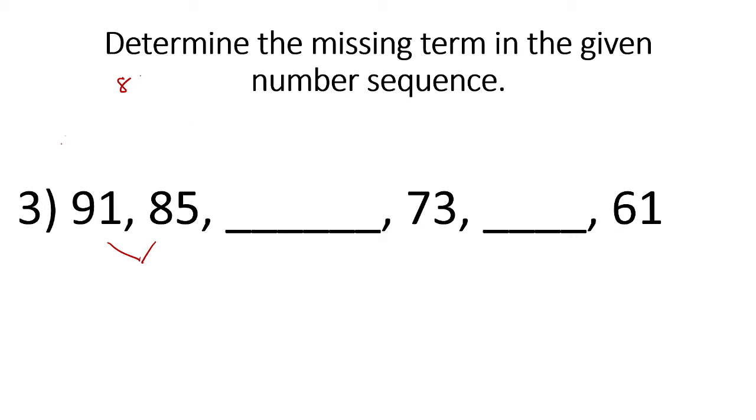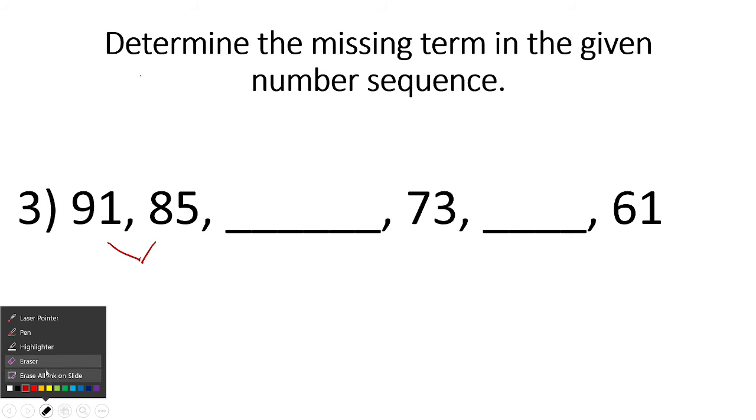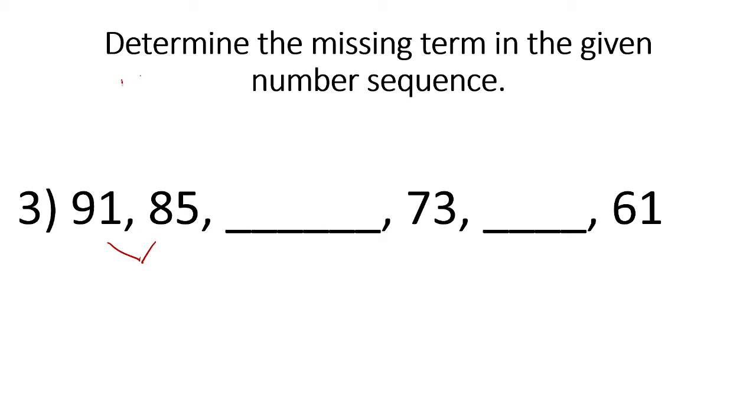So ganun pa rin, mag-minus tayo. 91 minus 85, meron tayong 6. Ibig sabihin, nagma-minus 6 lang siya. This time, minus 6 dahil pababa yung number sequence niya. Hindi tayo mag-add.